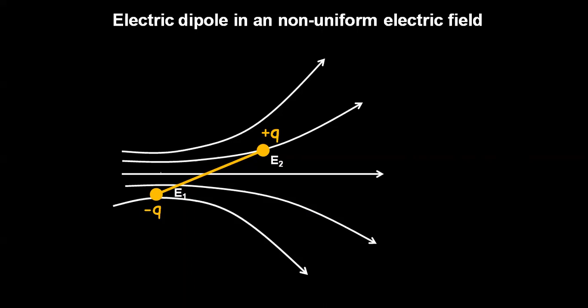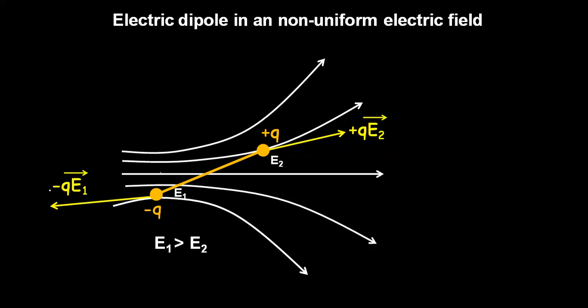So let E1 and E2 be the electric fields at the points where minus q and plus q are located respectively. Of course, E1 is greater than E2 because the spacing between the lines over here is smaller, and here it's greater. So the force on plus Q charge will be Q E2 vector, and the force on minus Q charge will be minus Q E1 vector.